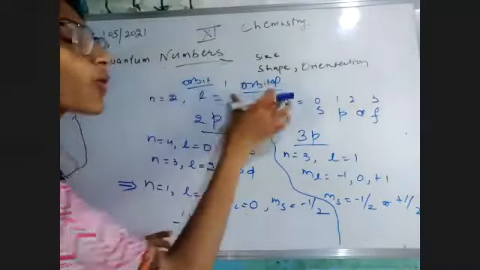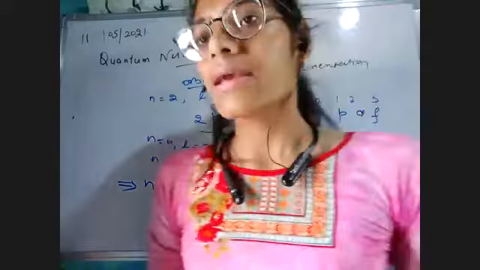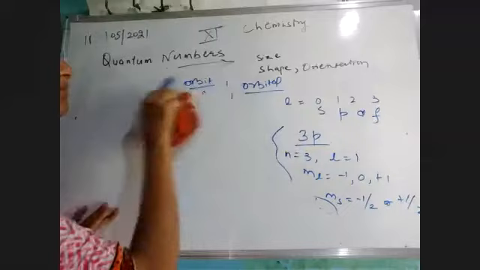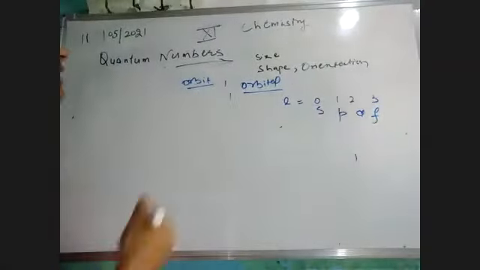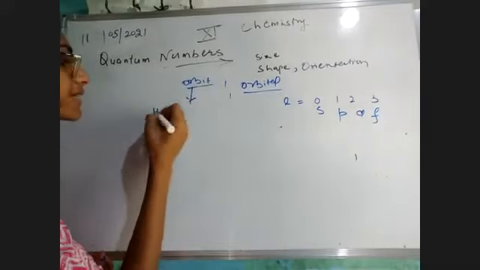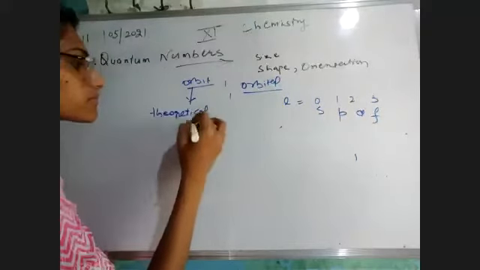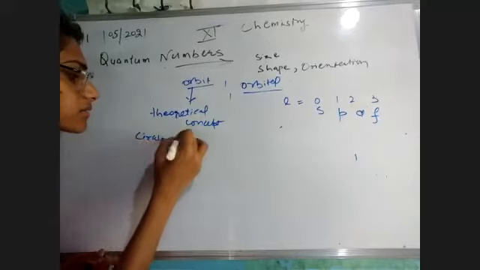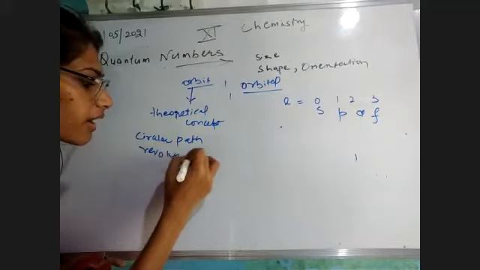Basically, orbit and orbital, these two are quite different. These two are totally different from each other. If I'm talking about only the orbit, it is just a theoretical concept which tells us that these are the circular paths that revolve around the nucleus.